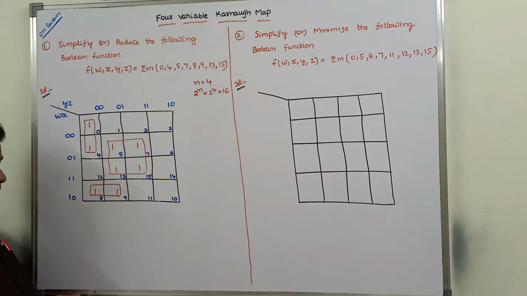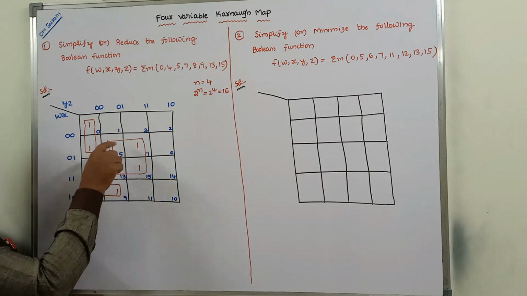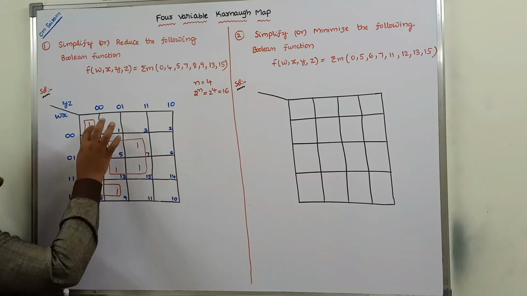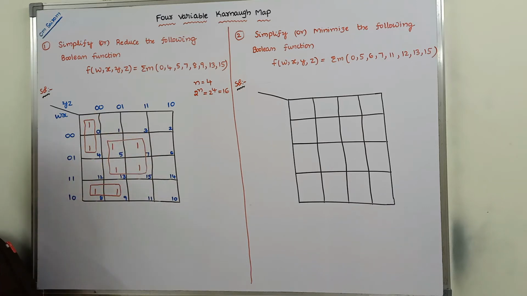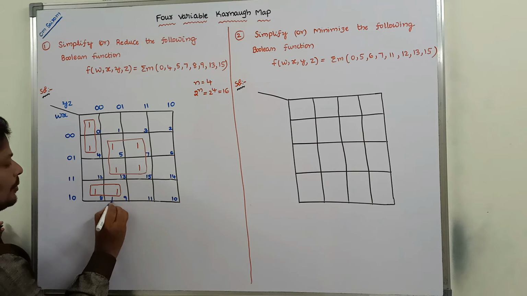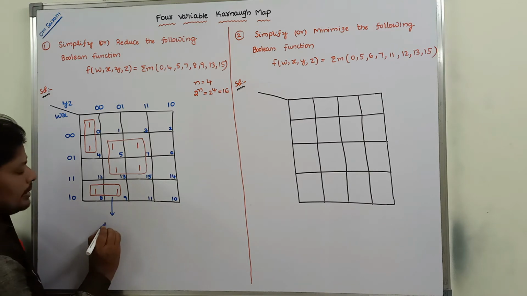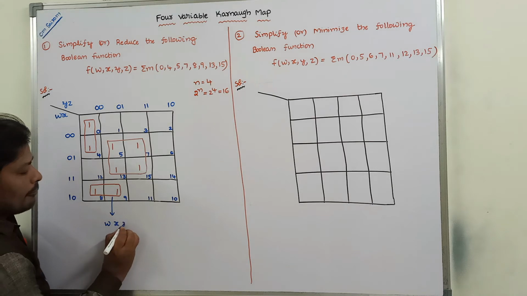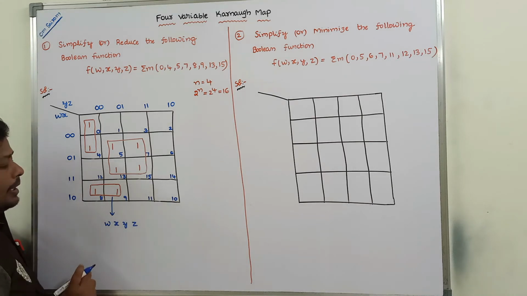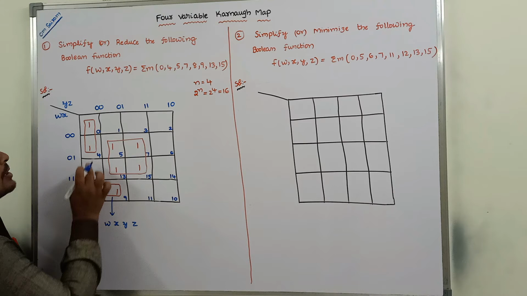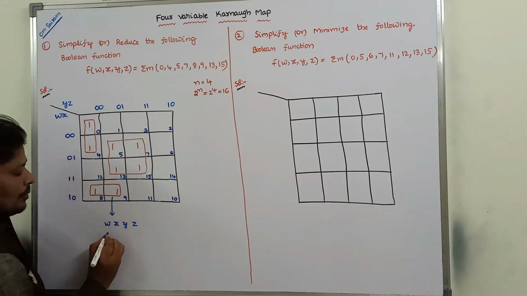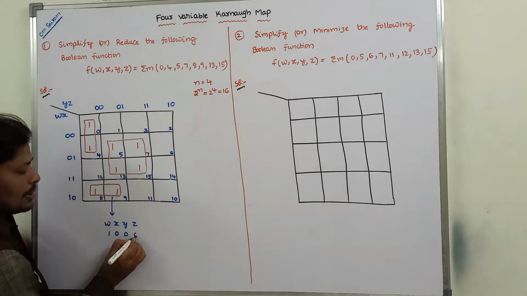Now we have to find the minimal expression for this quad and these pairs. First, we find the minimal expression for this pair. What are the variables? W, X, Y, Z. This one means 1 0 0 0.